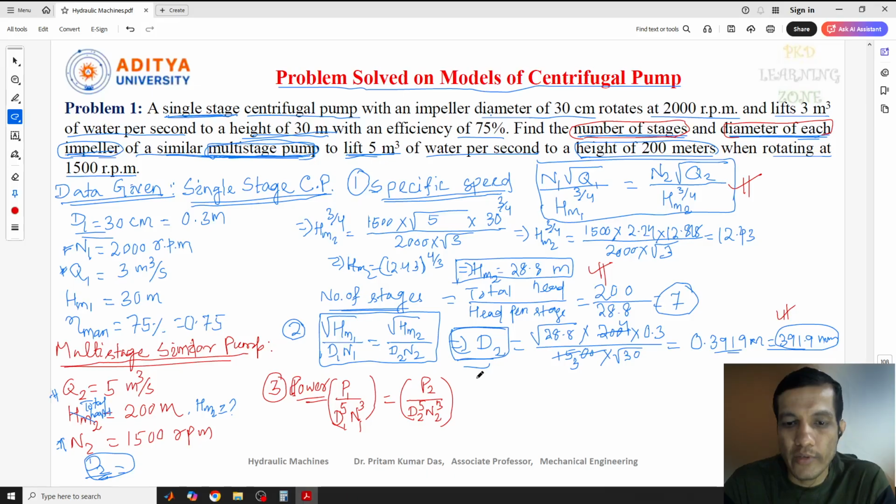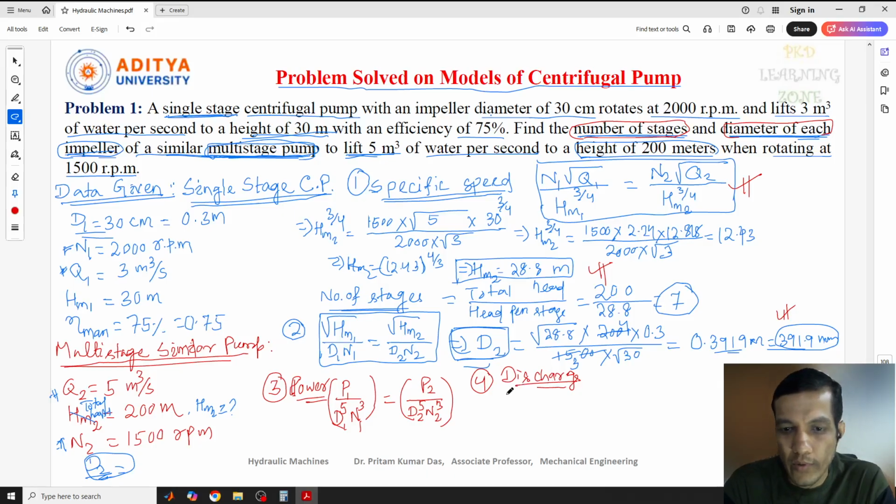Suppose another question will be given in which discharge is related. So in that case, how can you calculate the discharge value for one pump or the second pump which is given?